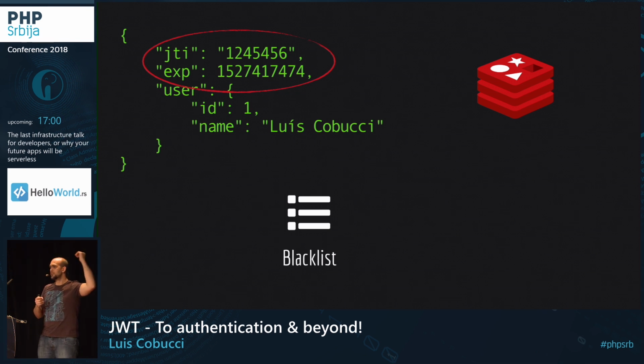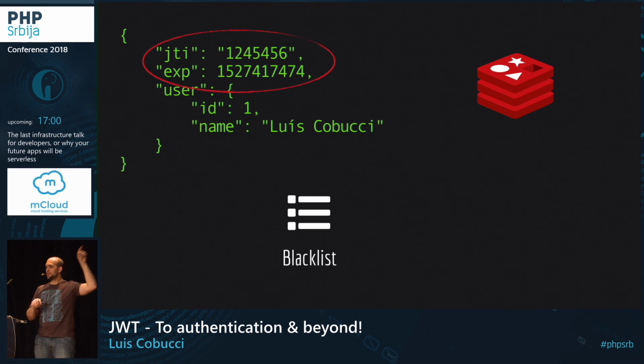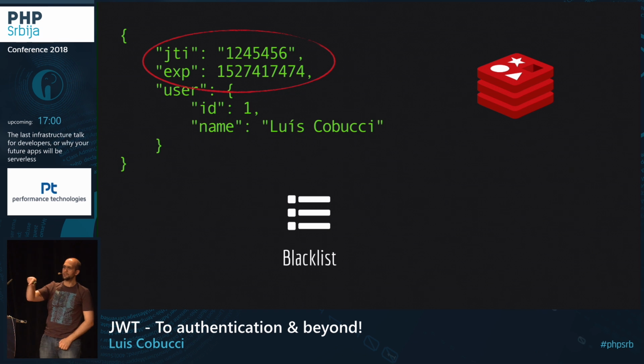Using Redis or any kind of cache system, you can add a time to live for the row. So by getting the information about the expiration, you can define the TTL of the entry. Therefore, the blacklist will be cleaned automatically. Every time the token expires, you have the TTL there.